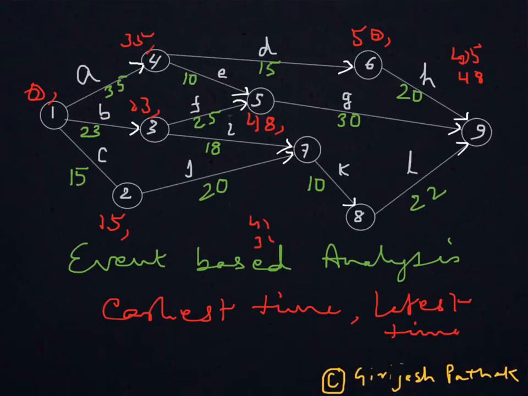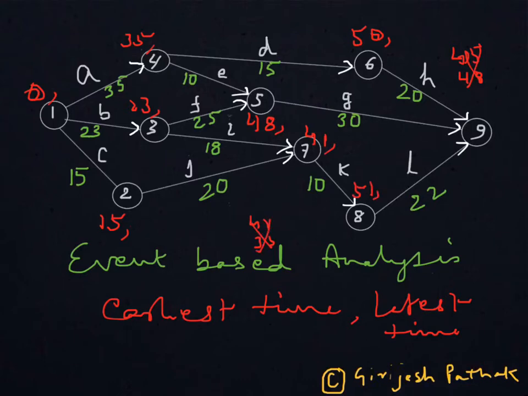So you have to take the higher value, so we will be taking 41. So for node 7, 41 is the earliest time. For node 8, similarly, it will be 41 plus 10, that is 51. So I write here 51, that is the earliest time for node 8.